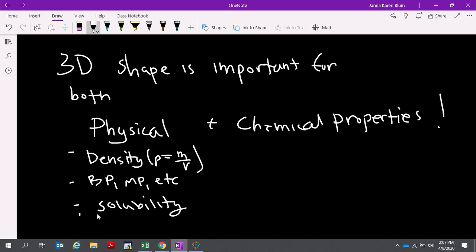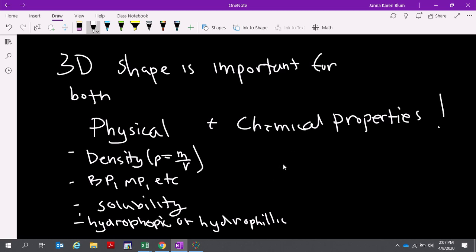So we have introduced the idea that like dissolves like in past chapters. And so we can talk about whether something is hydrophobic or hydrophilic, meaning will it dissolve in water, will it not dissolve in water? And those are the type of things that we can determine from the 3D shape.